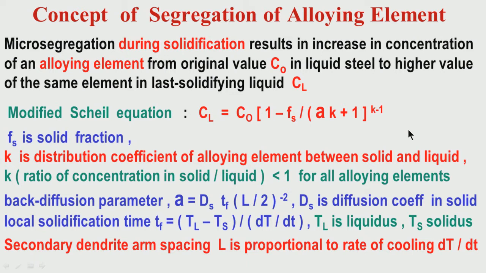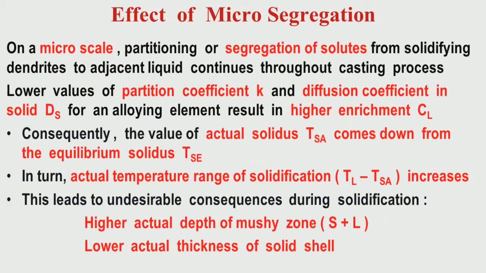So, these are the two important things. Lower values of the partition coefficient k and lower value of the diffusion coefficient in solid Ds for an alloying element result in higher enrichment of that particular alloying element.